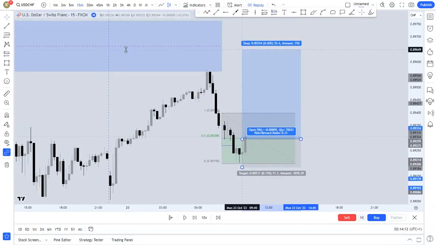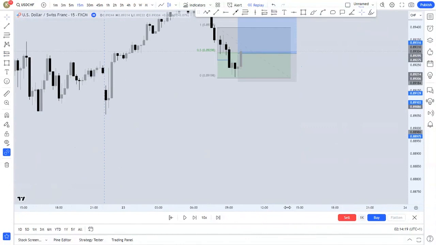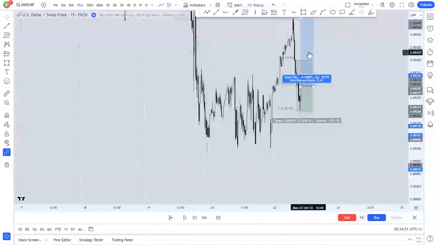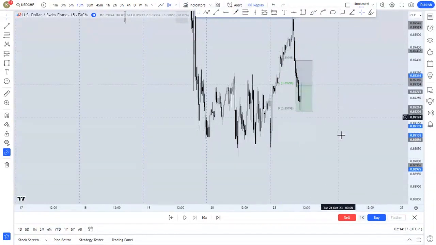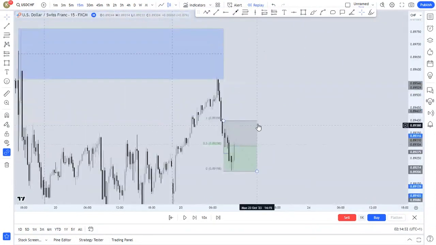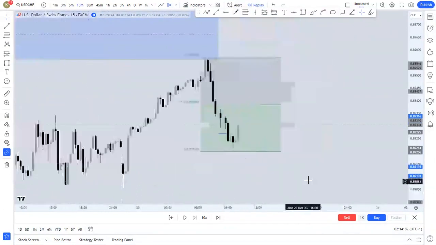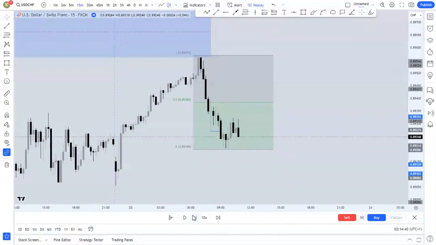Just that my stop is gonna be a bit bulky, like here. But then the risk to reward will be very, very bad. So what I would do is rather wait till it pulls back, and if it doesn't, I'll let it be. I'd rather wait till it pulls back to this long fib because that one is crazy.